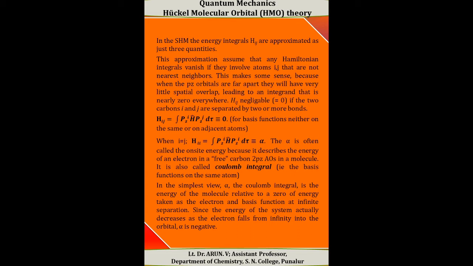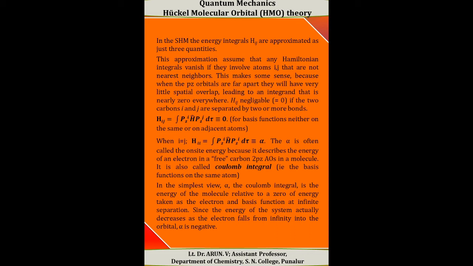just by three quantities. This approximation assumes that any Hamiltonian integral vanishes if it involves atoms i, j that are not nearest neighbors. This makes some sense because when the pz orbitals are far apart, they will have very little spatial overlap, leading to an integrand that is nearly zero everywhere.